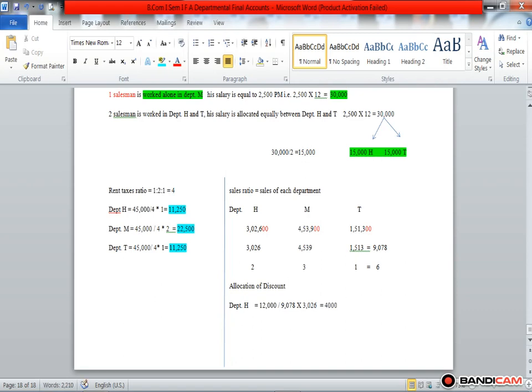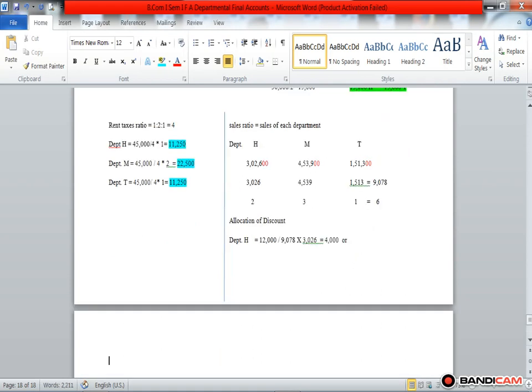Okay, 4,000 is transferred to department H. Or on the basis of ratio, the same answer is found by the ratio.